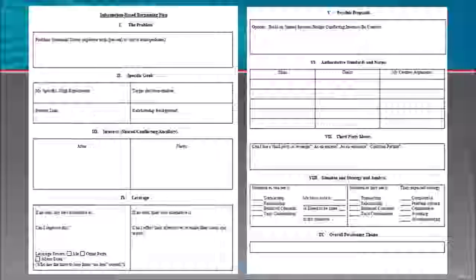And so I want to remind you about your worksheet. You want to make sure that you have your worksheet together, that you're going to have in mind when you get ready to do the negotiations.